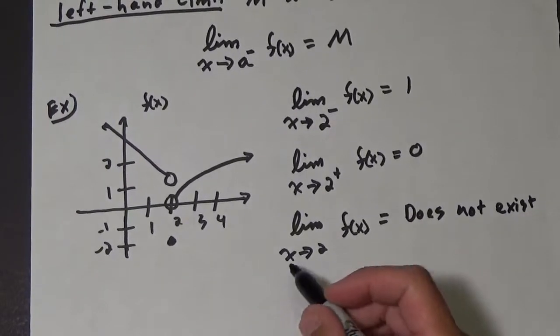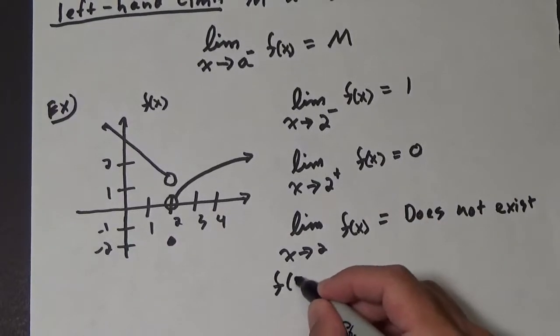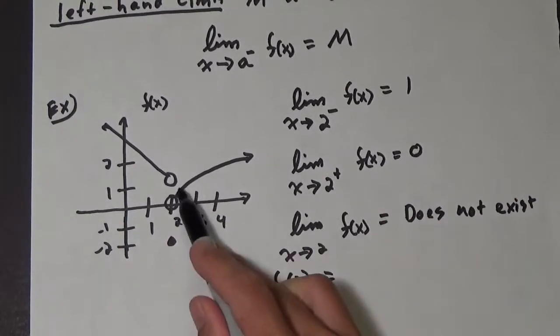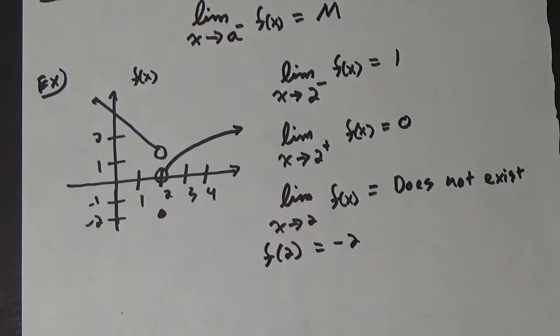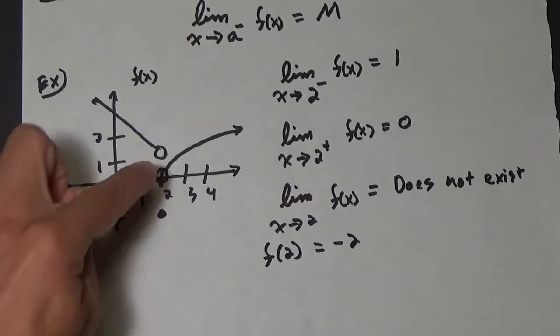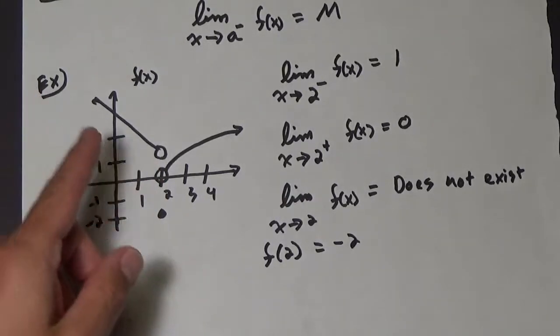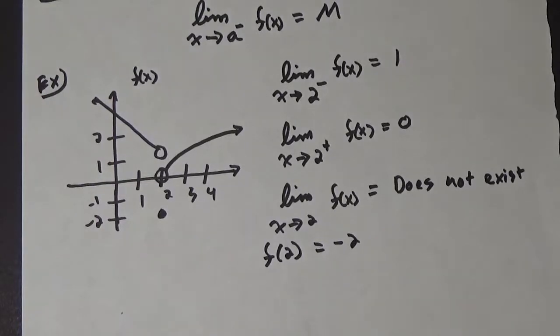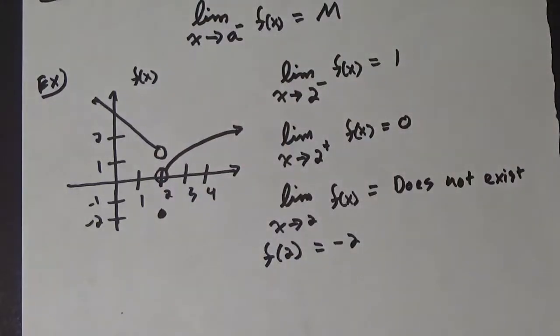And then we can also ask, what is f of 2? In this case, f of 2 is just negative 2, because remember, it doesn't matter what's happening at the value of 2. We only care about what's happening as we get arbitrarily close to 2. So once you understand what a limit is, one-sided limits aren't too challenging, because we're just picking one side or the other.